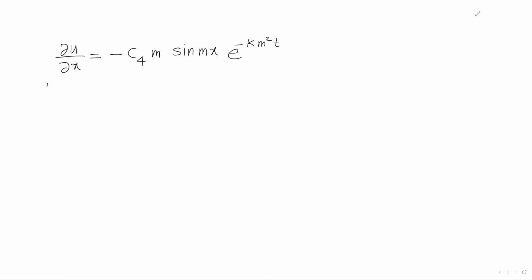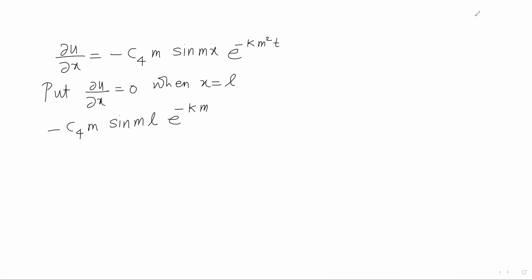Now you put dabba u by dabba x equal to 0 when x is L. Substituting that, we get minus C4 m sin ml e raised to minus k m square t is equal to 0.